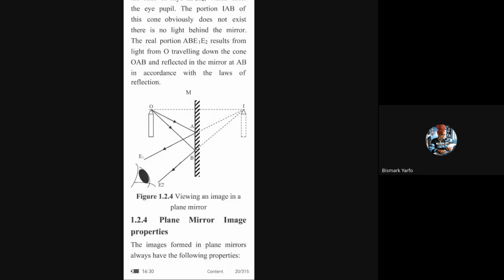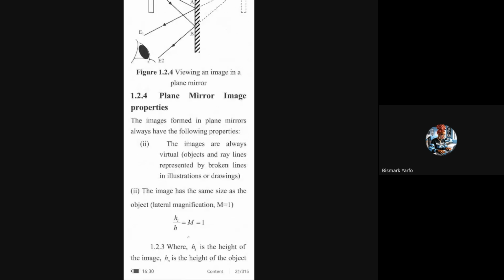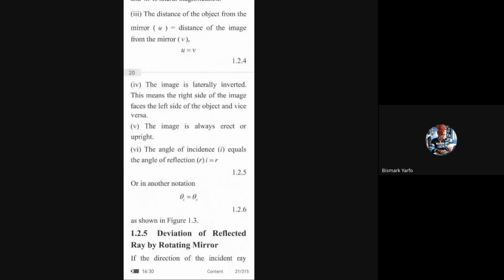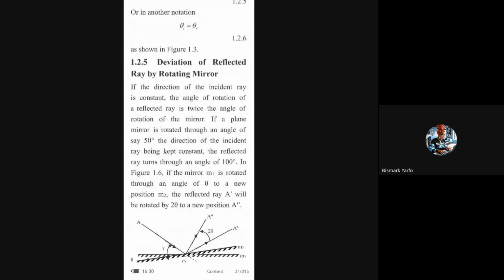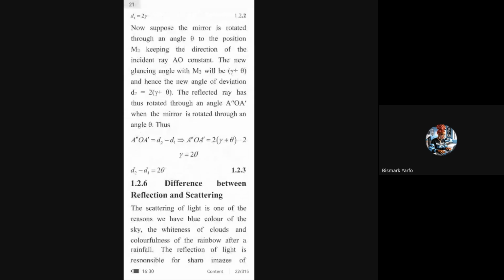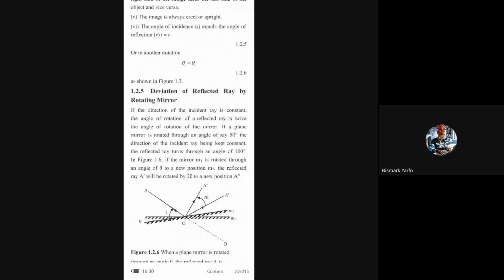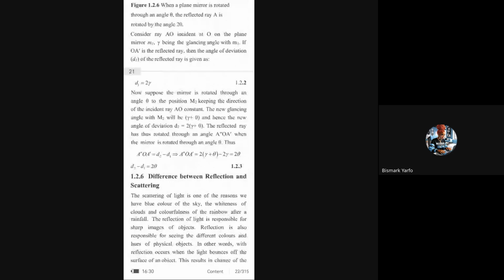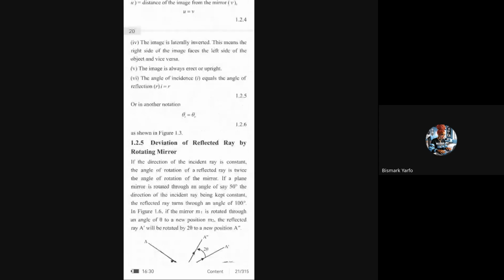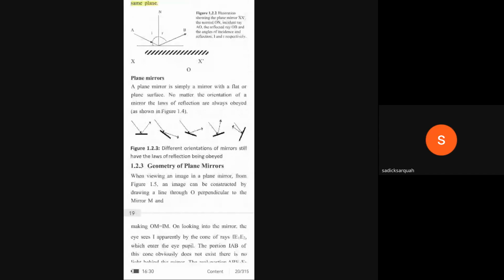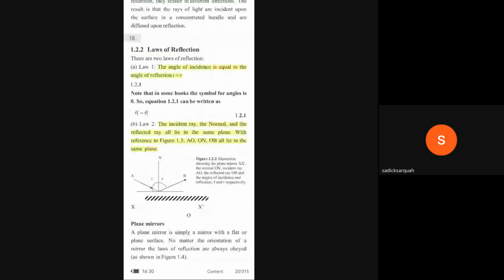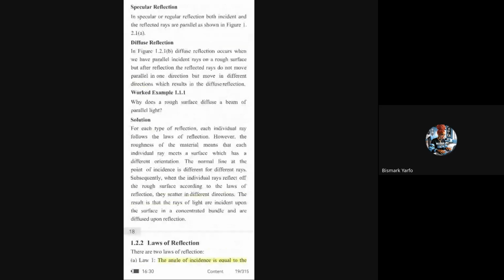The one presenting, please scroll up. Reflection, the meaning of reflection, scroll up, it will be there. The types, no, go up. Hello, sir, go up.